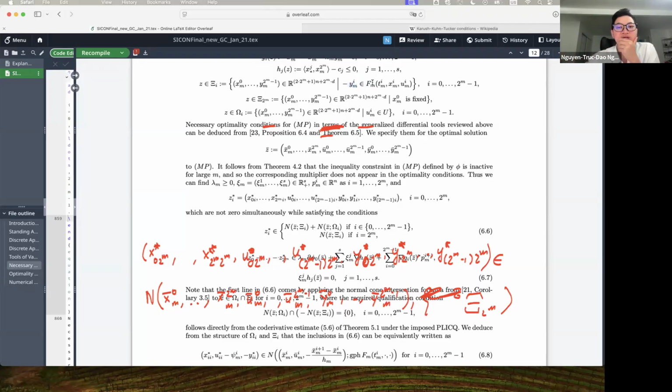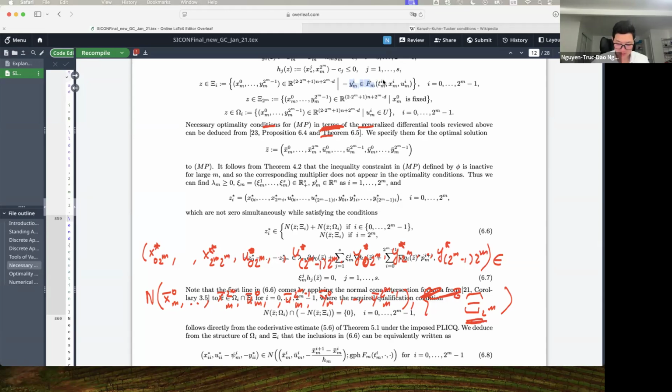This one you can rewrite explicitly. It's going to be the normal cone of minus g, the function g. And there is a tip for you, because when I do a lot of calculations, I notice this one, and it helps reduce the computation time. If in the constraint here we have x dot 0 2m belonging to something, that means there is some constraint for the set omega for that first element.